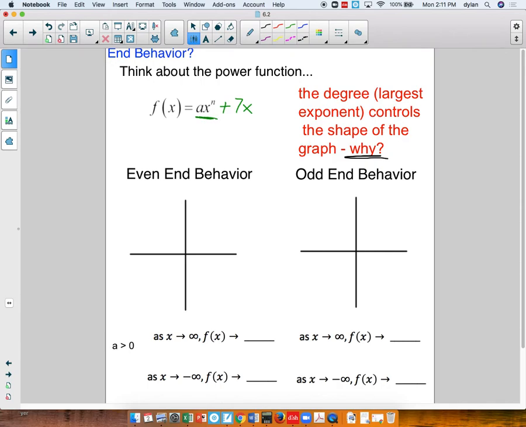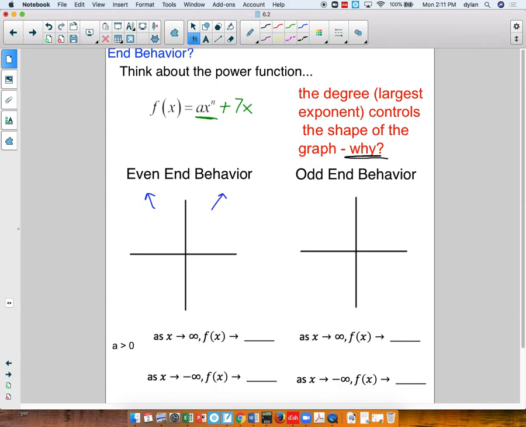So if we think about even end behavior, even end behavior means when the degree is even. And what we're thinking about here is ignoring the function altogether. I want to really drive this point home, so I'm just going to ignore the middle of the function and put down the ends, the arrows, right?